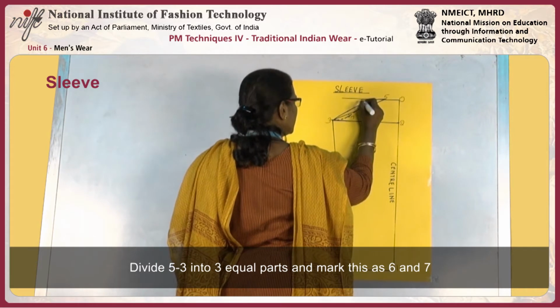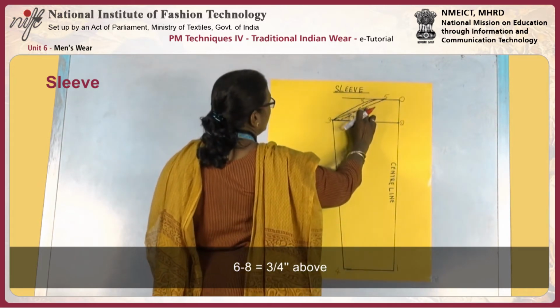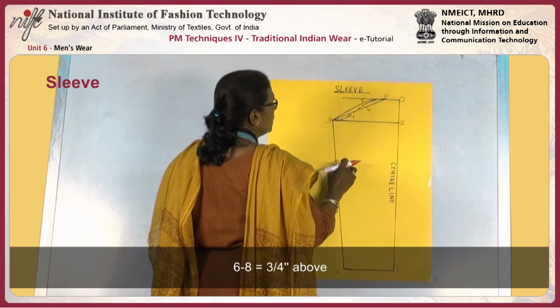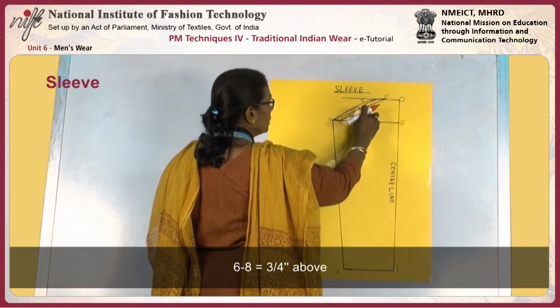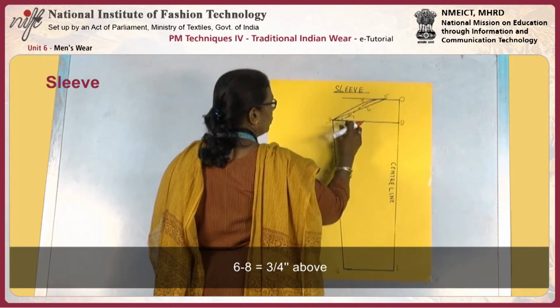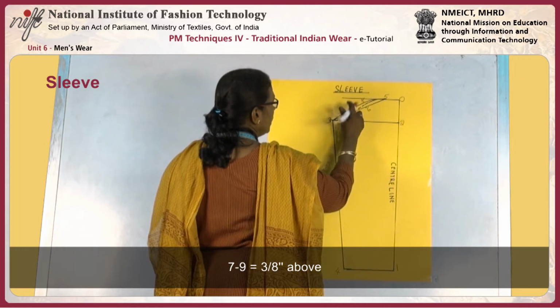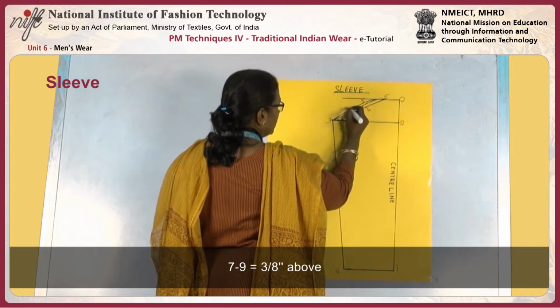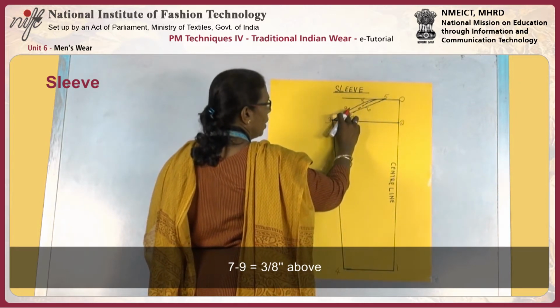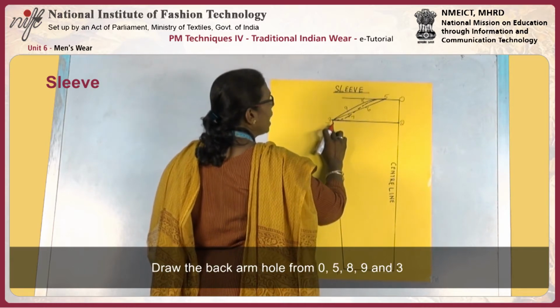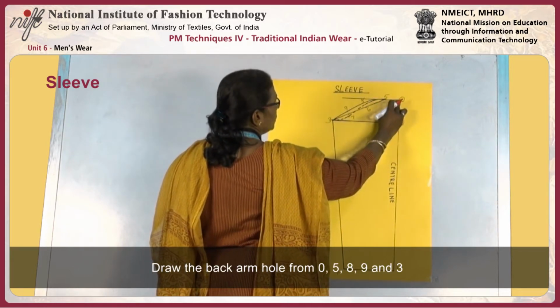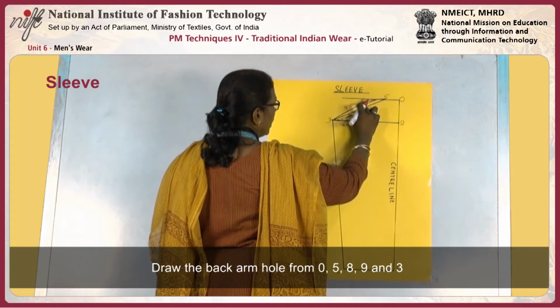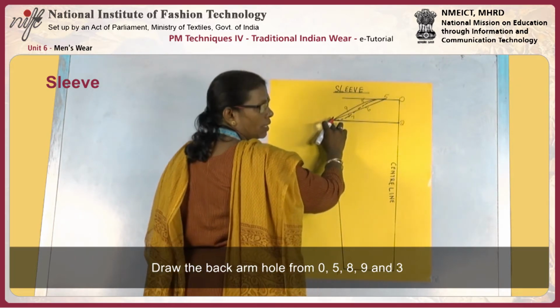6 to 8 is 3/4 of an inch above, and 7 to 9 is 3/8 of an inch above, and draw the back armhole from 0, 5, 8, 9 and 3.